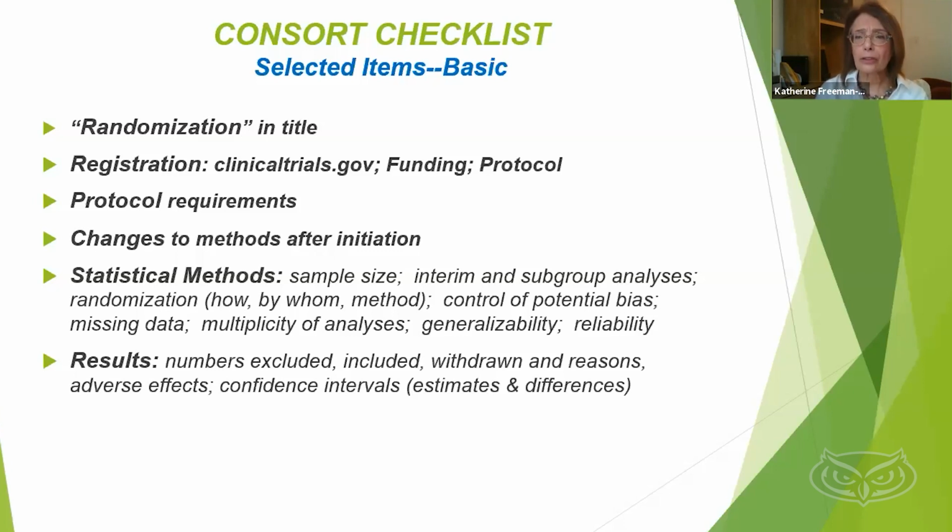And then during the trial, you would want to document the changes in the process that you're making, either as a result of, say, adverse events or poor accrual. You might want to broaden the inclusion, exclusion criteria. And then even statistical methods. When you write an initial protocol, it's an educated guess as to what sample sizes and statistical methods you would need.